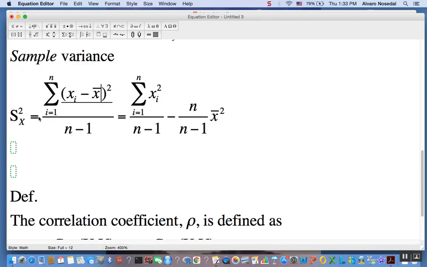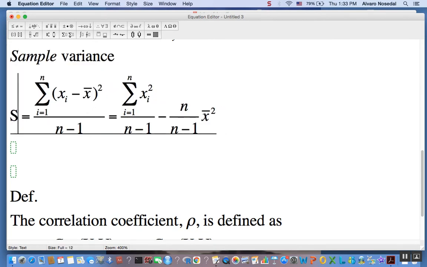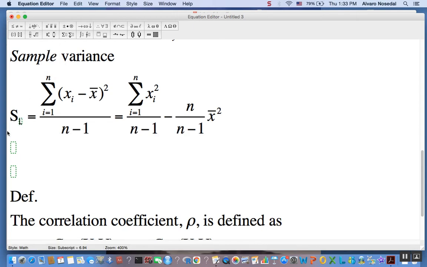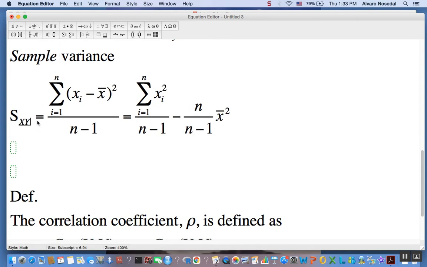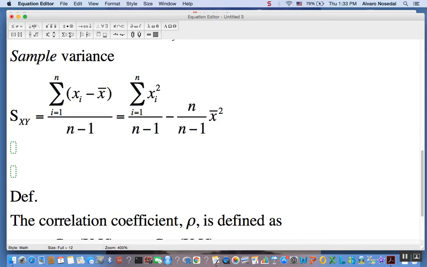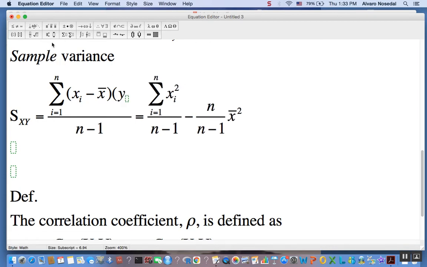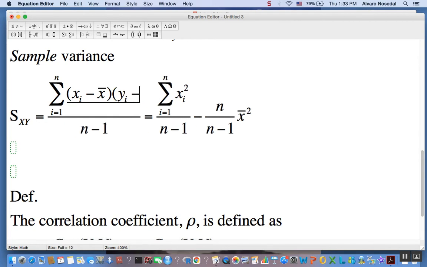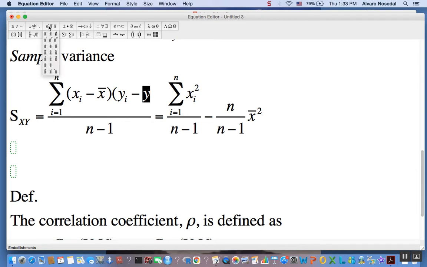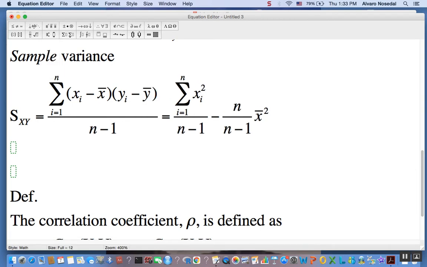Sample covariance, right? We're going to be using the following notation for the sample covariance: S sub x y. As you can imagine, instead of having a square here, we are going to have a cross product, and we're also going to have an alternative formula to compute the sample covariance.